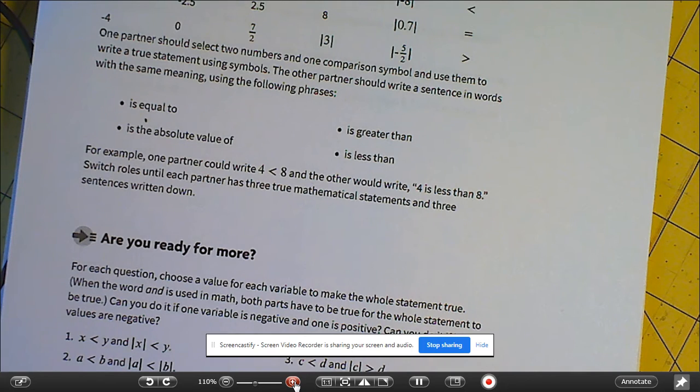So you're just going to do both. I want you to write 3 different ones, so in both ways. Okay, so pause and do that. And then I'll show you.